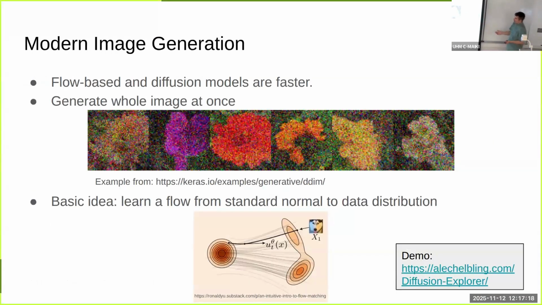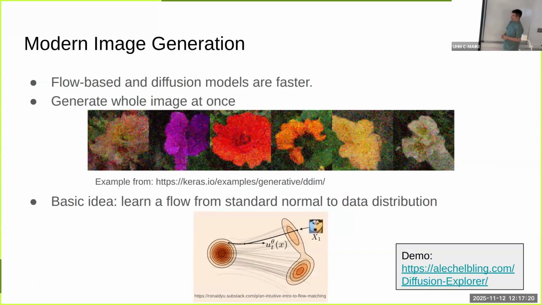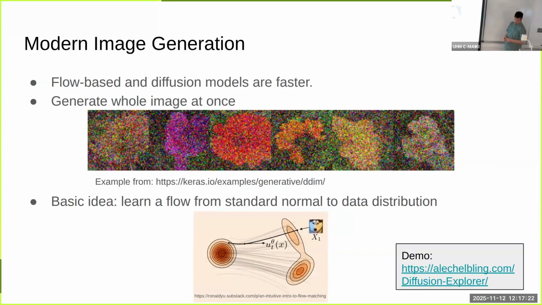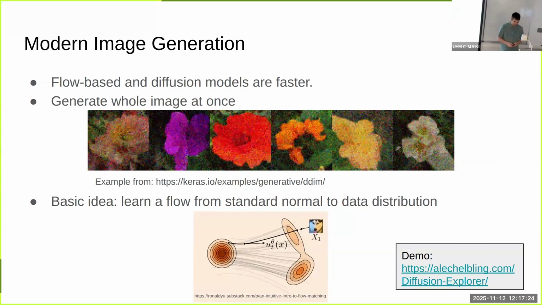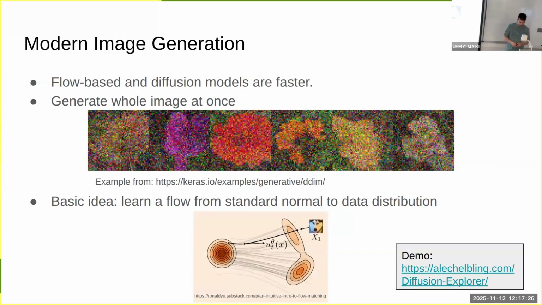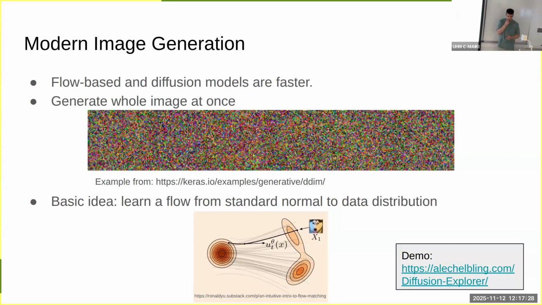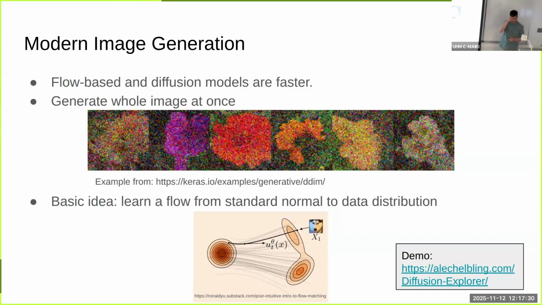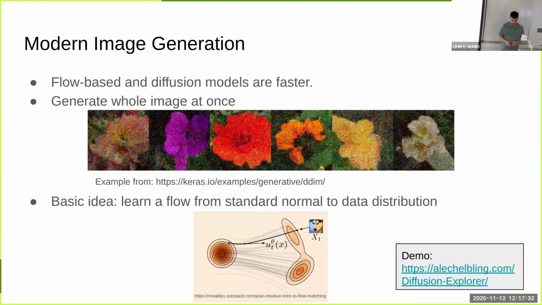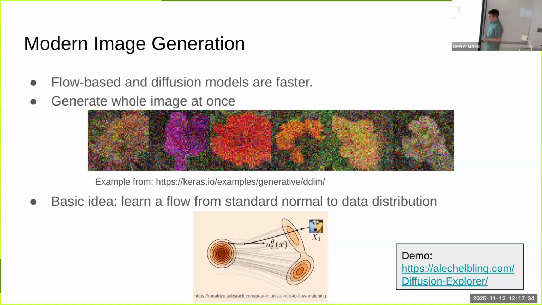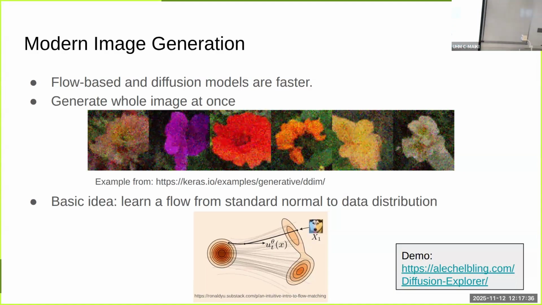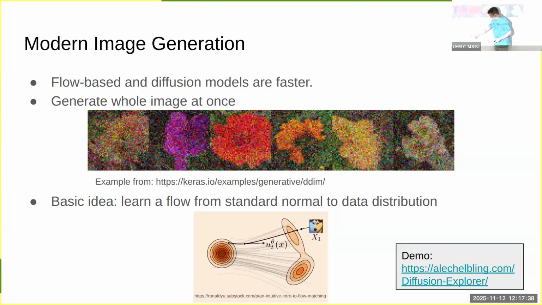So the modern image generating techniques use a few tricks. These are known as flow-based or diffusion models, where you basically learn a mapping from a known distribution, like a standard normal.